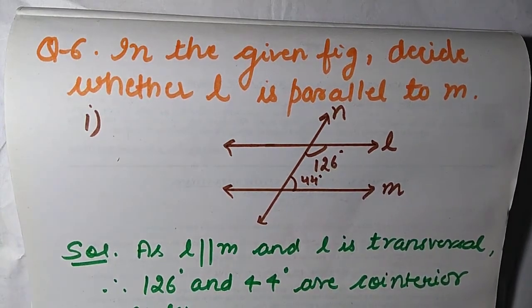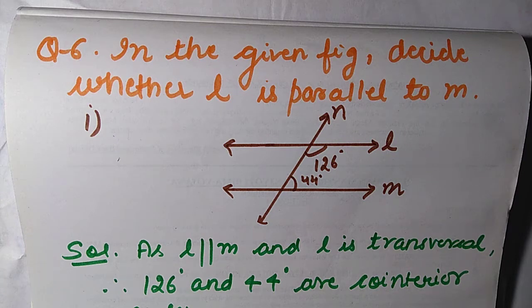You have to prove one condition among these 4 conditions for proving the lines to be parallel. Again I am explaining, for proving lines to be parallel, you have to prove one of the following conditions.